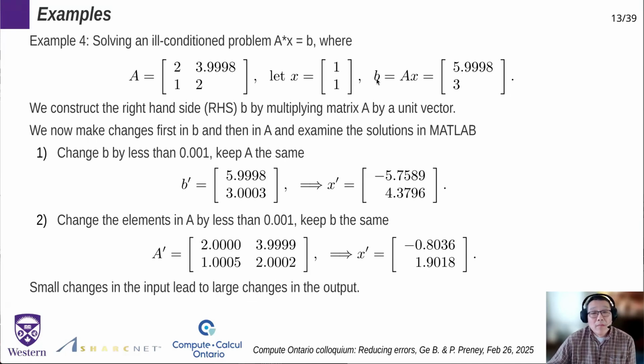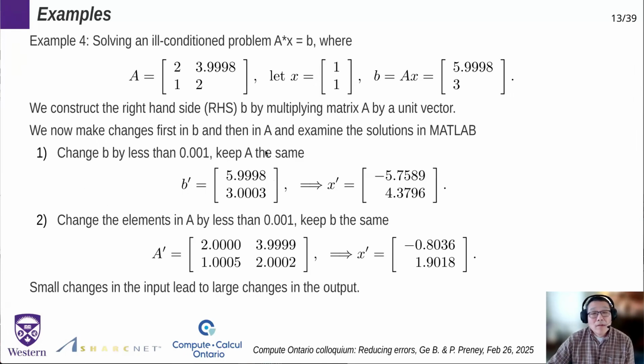We generate the right-hand side b by multiplying the matrix A with a unit vector. Then we use this matrix and the right-hand side b to solve for x. If we do the math correctly, we should expect to get exactly the unit vector. Let's see.